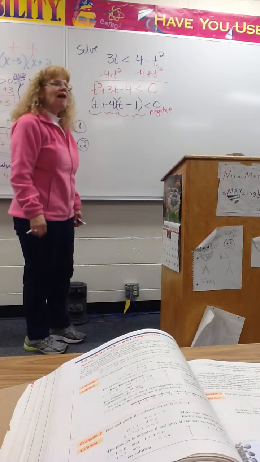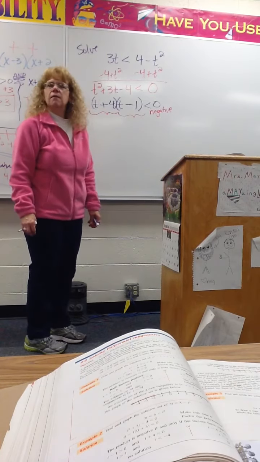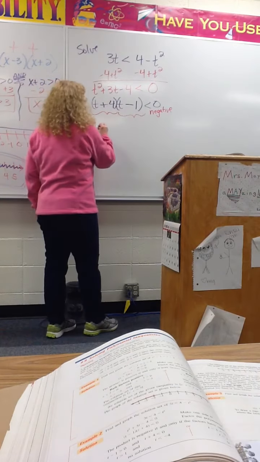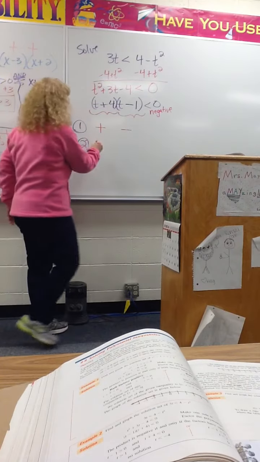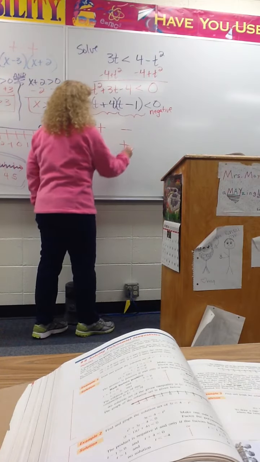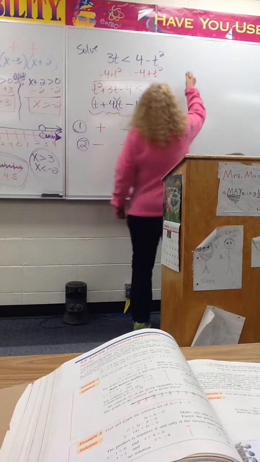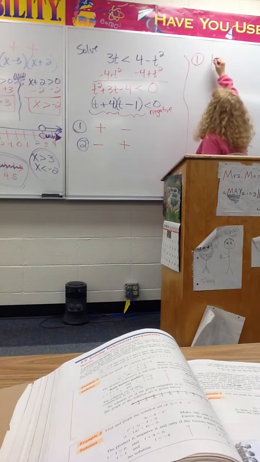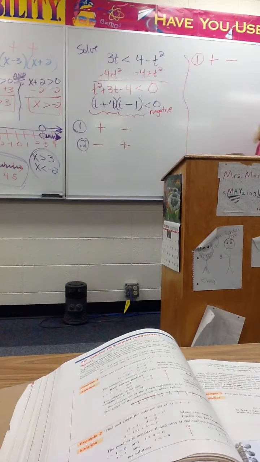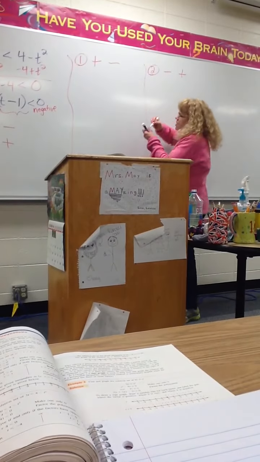However, the first one could be positive and the second one negative, or the reverse could be true. We have to consider both cases. The first case is a plus and a minus, and the second case, minus, plus.